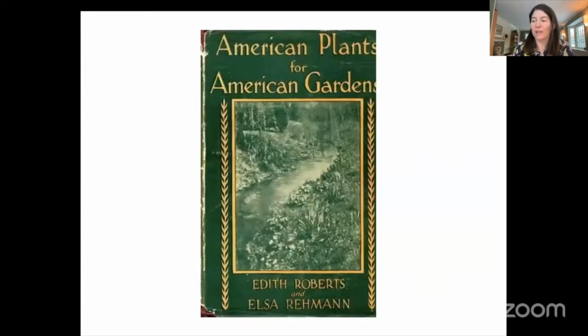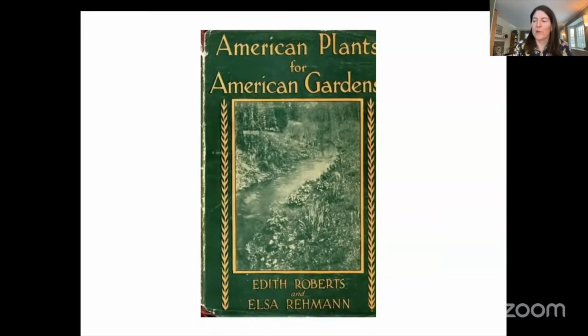This work led Roberts to collaborate with Elsa Riemann, a landscape architect who began teaching part-time at Vassar in 1923. And a few years later, they co-authored a book, American Plants for American Gardens, that was one of the first popular books on using native plant species for gardening and for what we now call restoration.